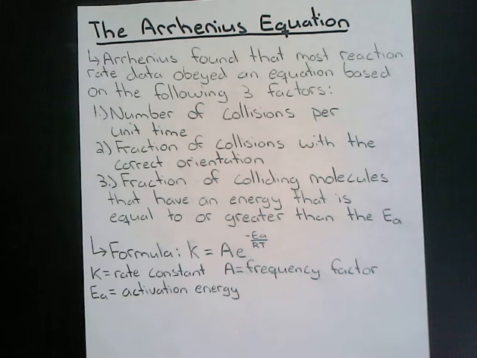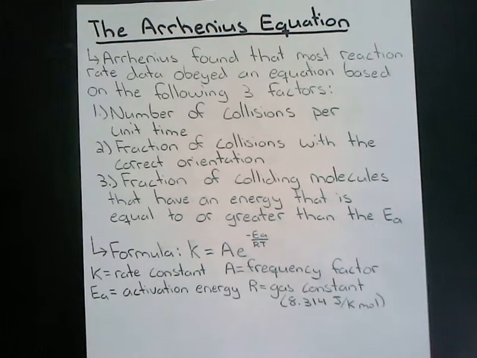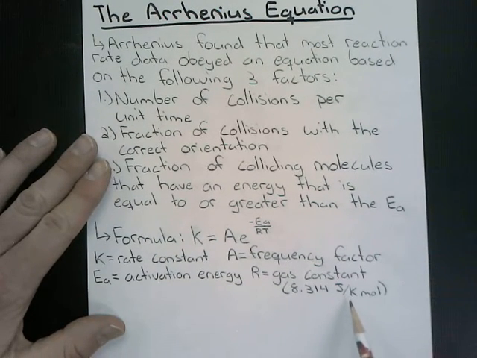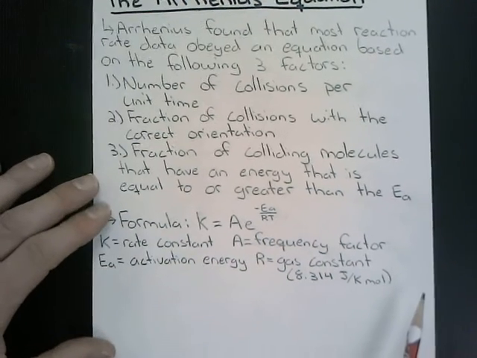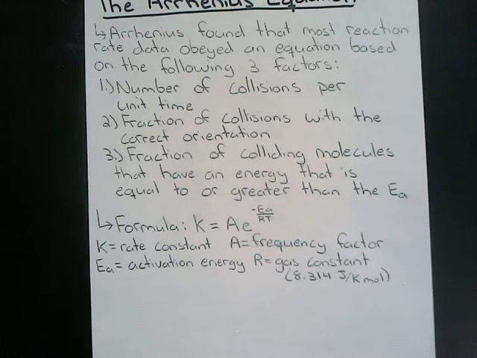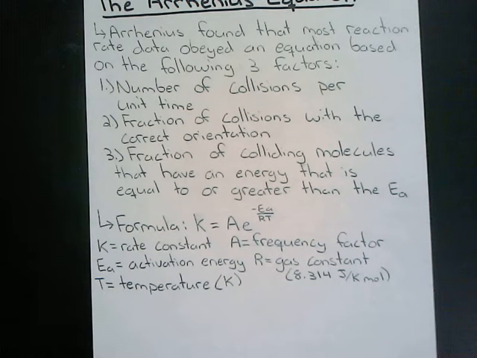And then R is our gas constant, which has a value of 8.314 joules per Kelvin mole. Now, our last thing that we have to talk about is our T for temperature, and that's going to be in Kelvin.